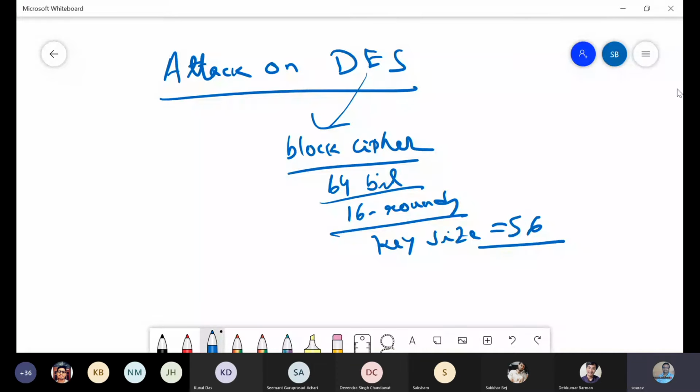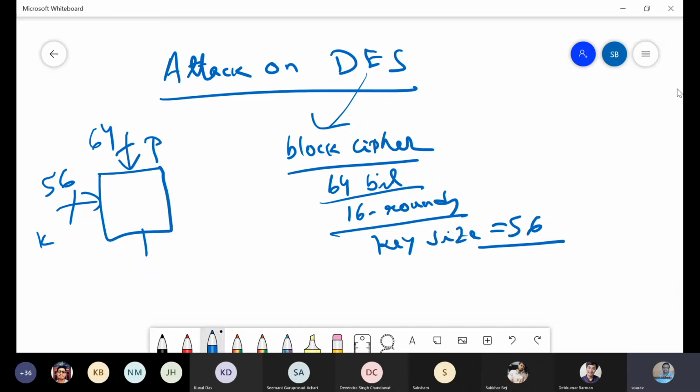It basically takes two inputs. One is the plaintext, which is 64 bits. Another is the key, which is 56 bits, and it gives us a ciphertext, which is also 64 bits.